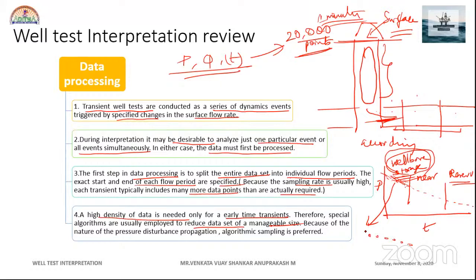You may have so many things, but out of that, you are picking only things which are falling on a particular line. Because of the nature of the pressure disturbance propagation, sampling is preferred. So even though we have all the data, we will be picking only certain samples.